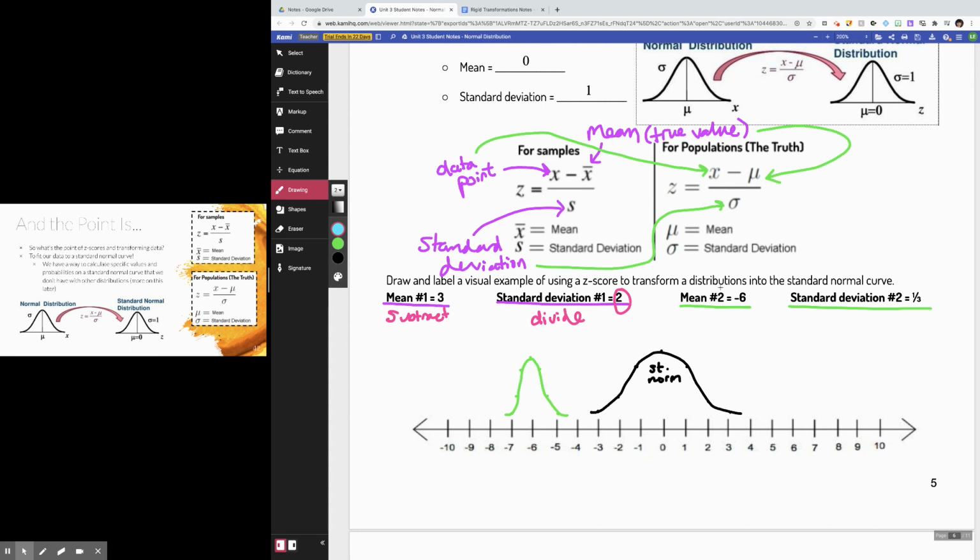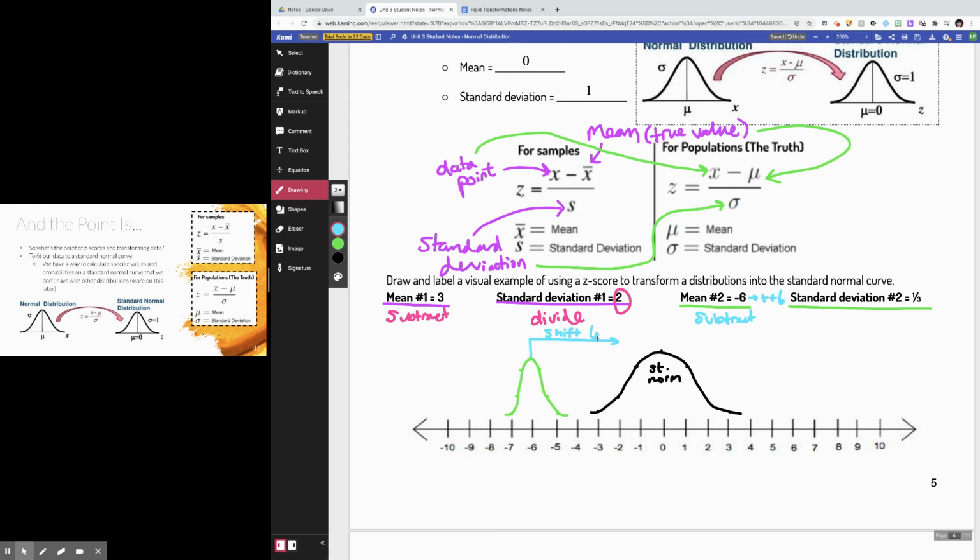Okay, so when I'm doing a z-score, the first thing that I'm going to do is subtract -6. But when you subtract -6, that becomes adding 6. So I'm going to take my distribution and shift it 6 units to the right.